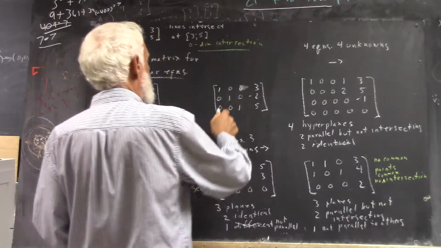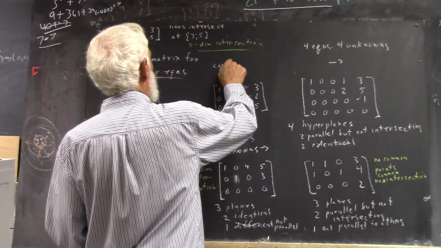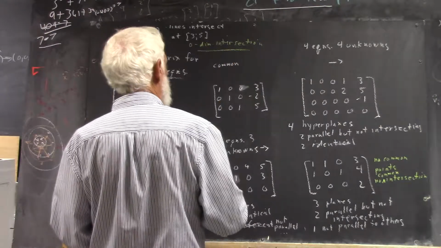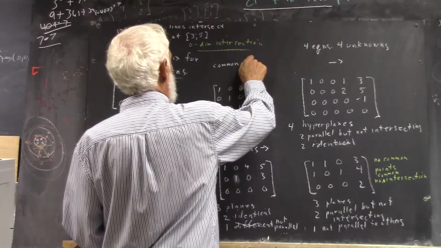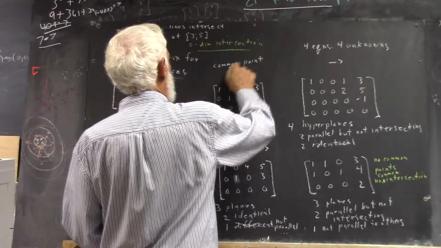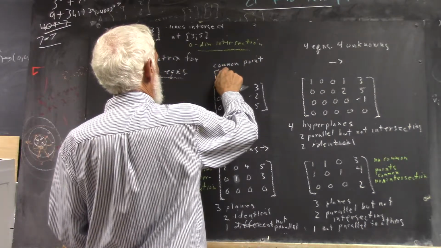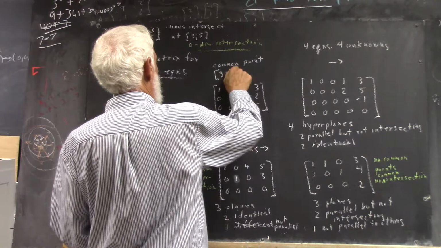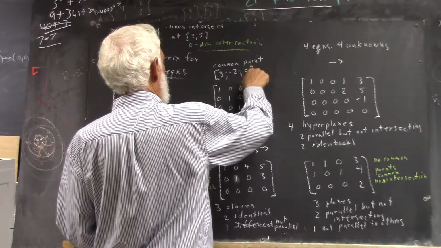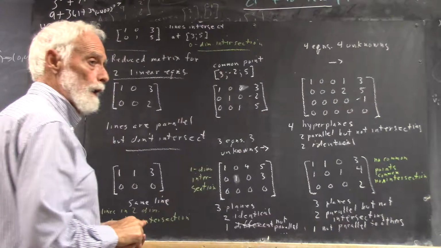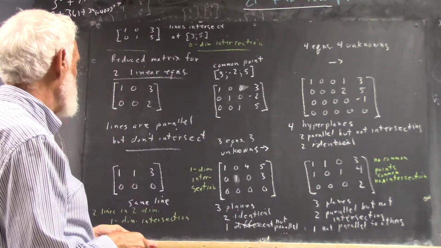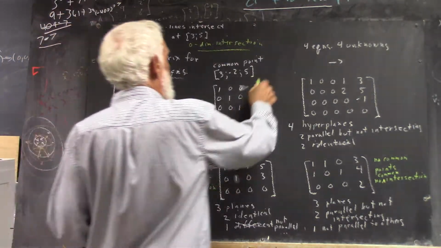So this would be common point 3, -2, 5, zero-dimensional intersection.